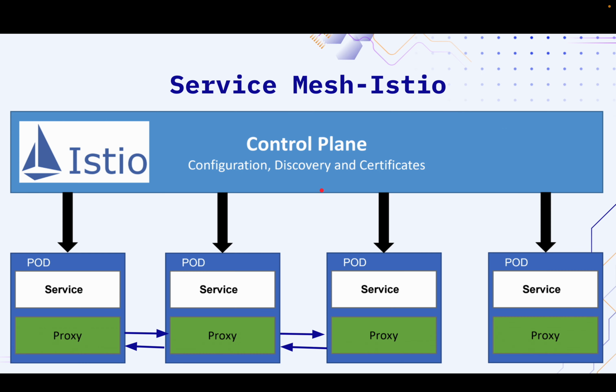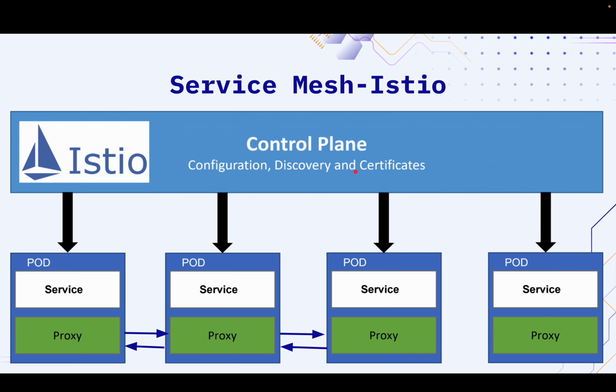So this is the Istio control plane, and it is going to automatically inject these proxy containers into each of these microservices. Now, this is actually separate from the manifest file we have created already. So these are two different things.